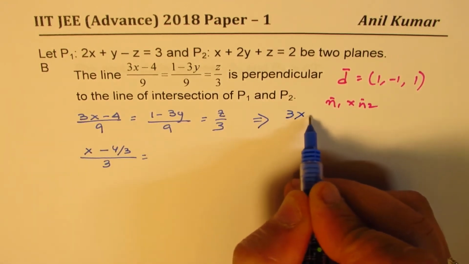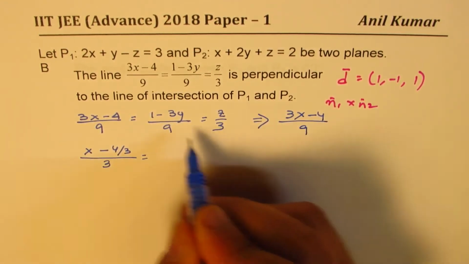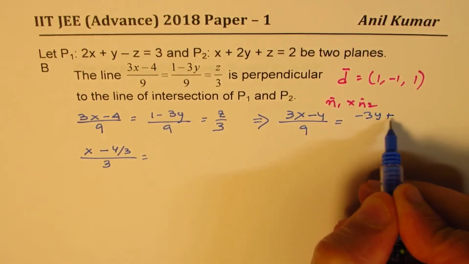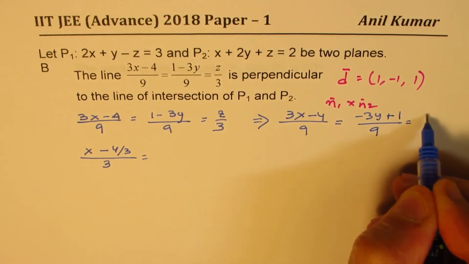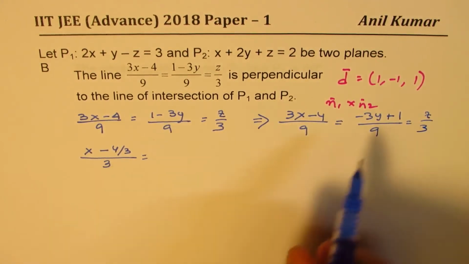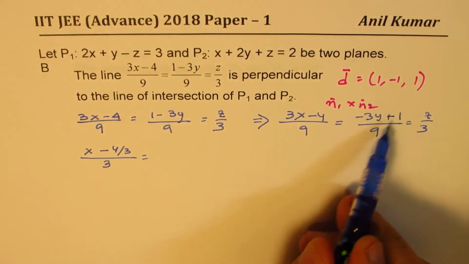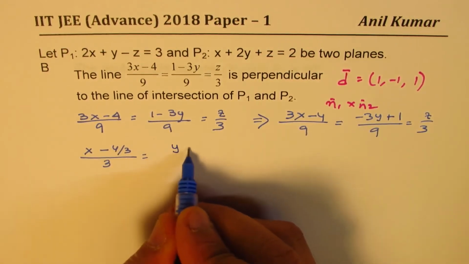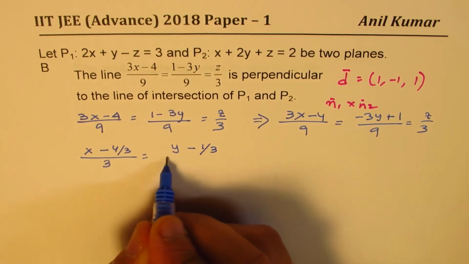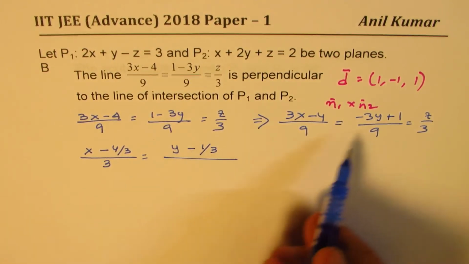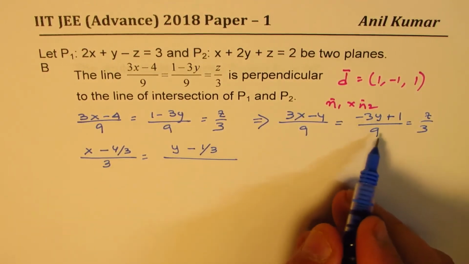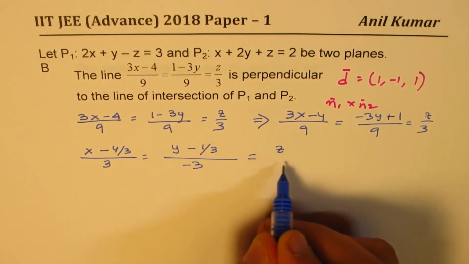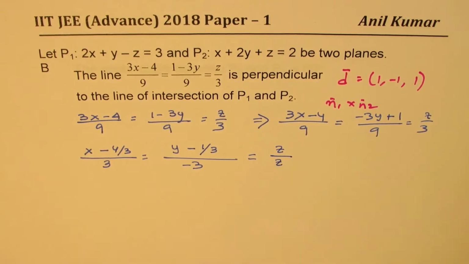We'll write this as (3x minus 4) over 9 and rearrange this: (minus 3y plus 1) over 9 equals z over 3. Now we'll divide by minus 3 all these terms. When I divide by minus 3 in the numerator, I get 1 over 3 with the negative sign here, and in the denominator, when I divide by minus 3, I get minus 3. Here we already have z equals z over 3.